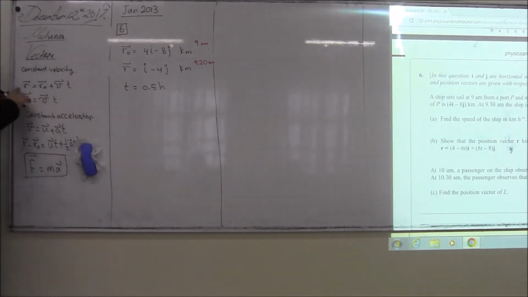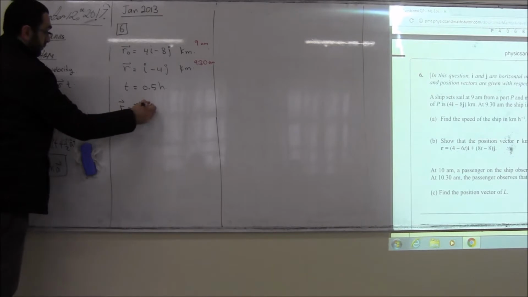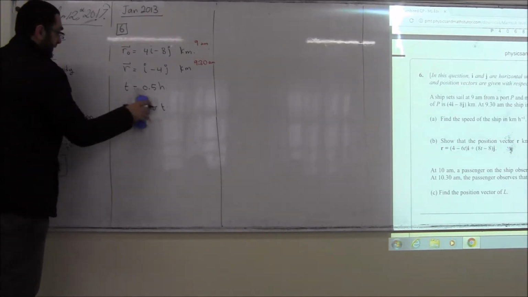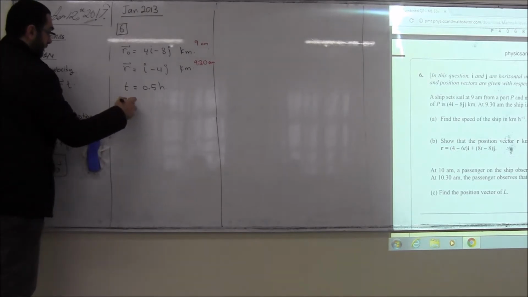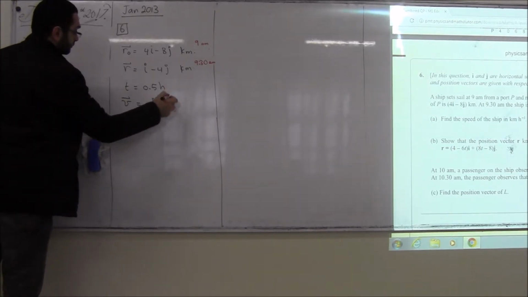So which equation should I use? This one: r equals r naught plus v times t. Since v is unknown, I have to assume it as ai plus bj.